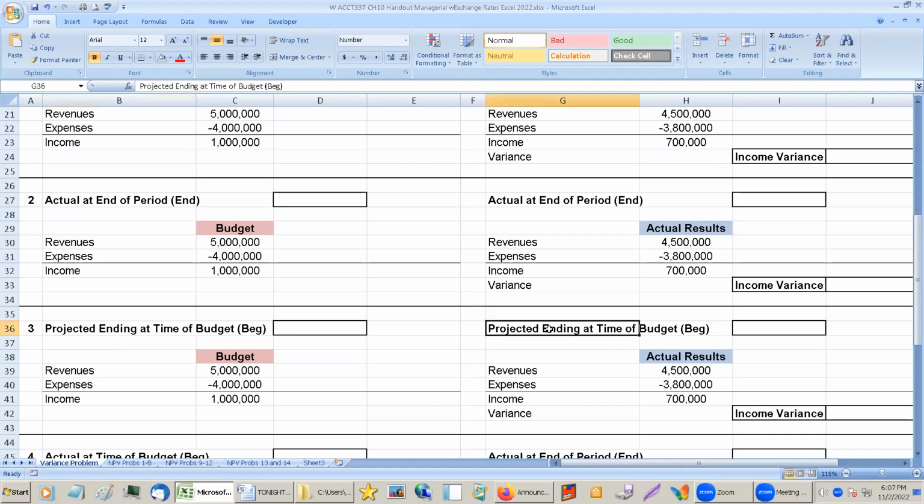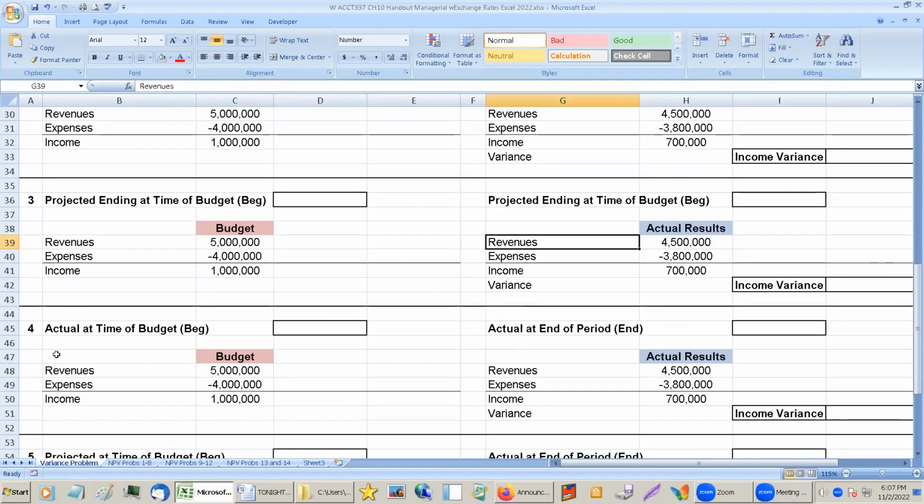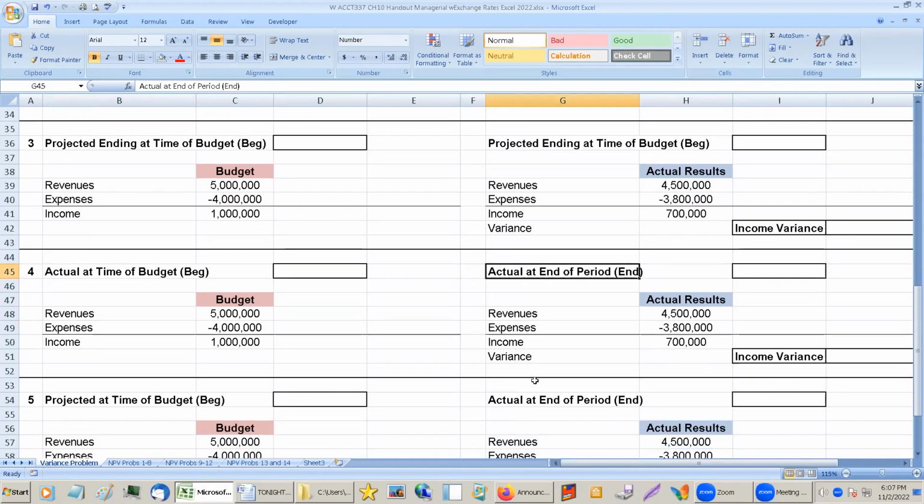Projected to projected. And only when you get to 4 and 5 do they actually change. Actual at time of budget, actual at end of period. Projected budget, actual at the end of the period. So these last 2 are both actuals at the end of the period, and 1 each of the other 2.